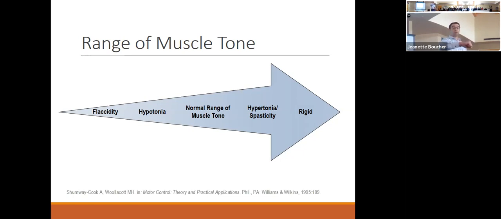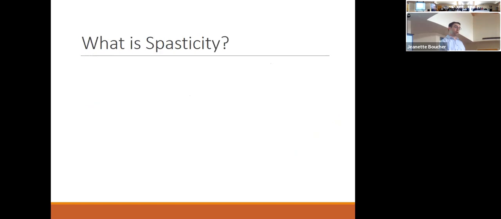And so we might have an arm that gets stuck at a certain degree. Even with all the force in the world, you can't progress beyond that. At that point, it's more of an orthopedic or joint issue. Our goal in treating spasticity is to prevent the joint from ever getting to that point. And so we'll focus on how we do that, how we prevent the spasticity from interfering with our life and progressing to some more problems.